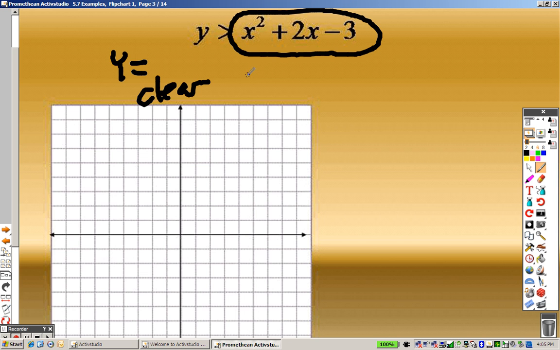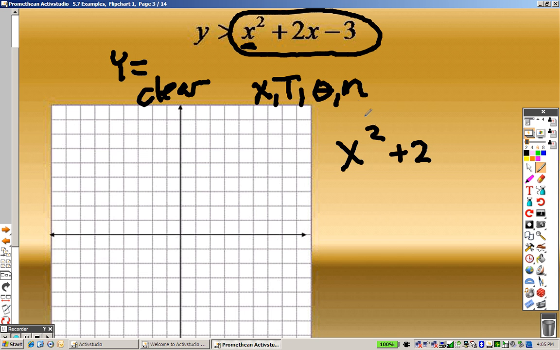This right here is the X, T, theta, N button, so press that and you get an X. The squared key is right above the log, right by the 7, so press the squared. Then it's plus 2, then press this key again for X, and minus 3. So press 2x minus 3. When you have all that in, press graph.